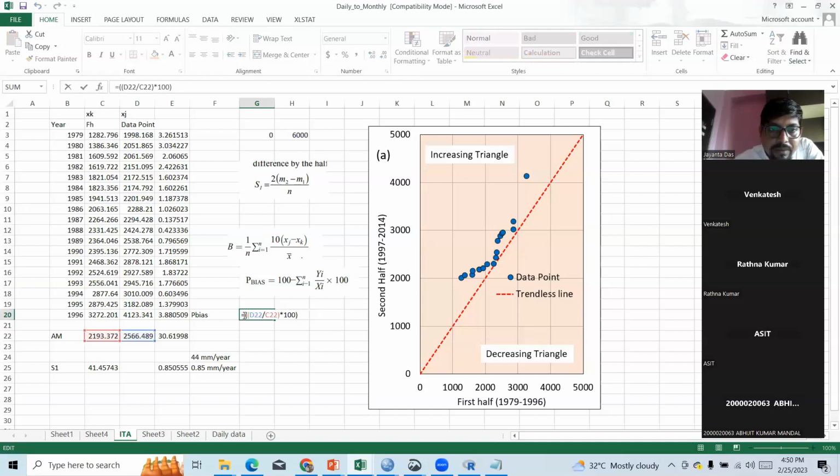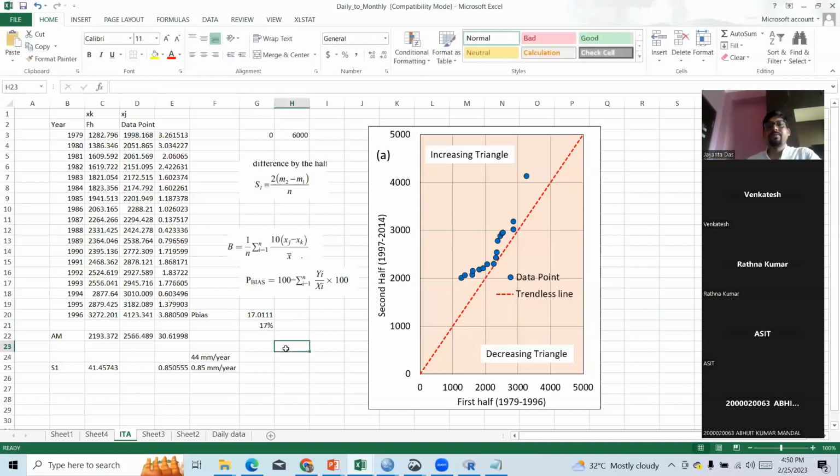You can use 100 here. So 17. Okay. So that means the change over time is 17%. Right.